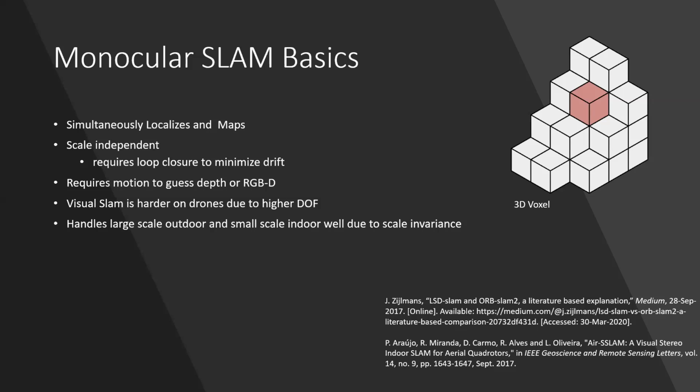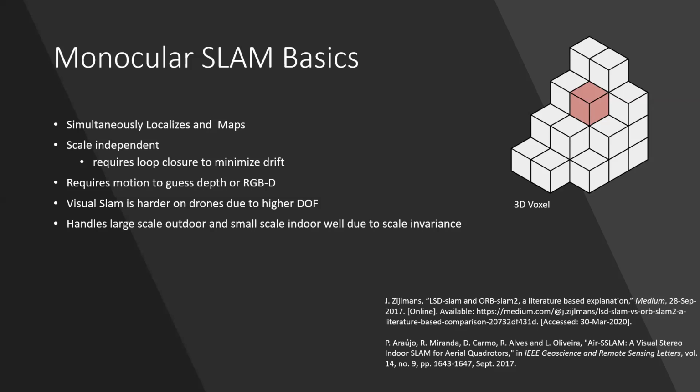But getting back to monocular SLAM, it has this feature or a bug, depending on how you look at it, which is that it's scale independent. Because it can't guess the depth very well, the scale becomes very loose. And so you require loop closure to minimize the drift across your SLAM algorithm.